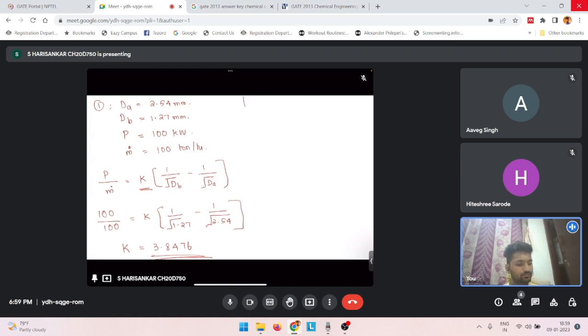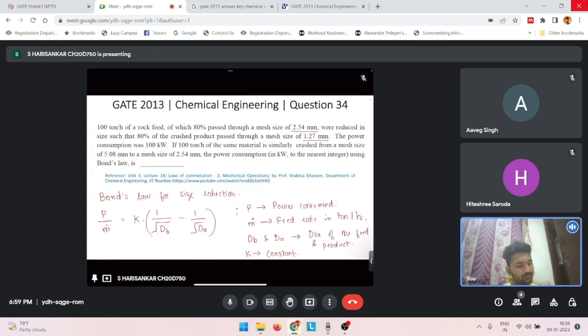Now all we have to do is use this value for the constant K in the second size reduction that they have asked us to find, which is the size reduction from 5.08 mm to 2.54 mm.